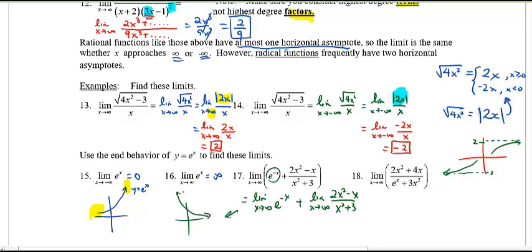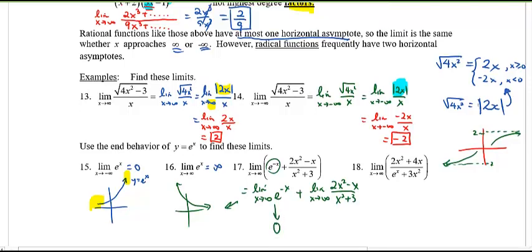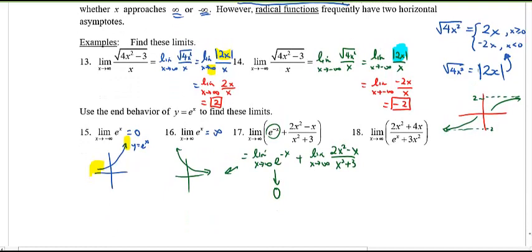So when it gets closer to infinity, this just equals 0. Beautiful. And how about the next one? Well, this is just a rational expression just from above, so I'll take the end behavior of that, which would be 2x squared over x squared, and that just simplifies to 2. So 0 plus 2, you betcha, it's 2.